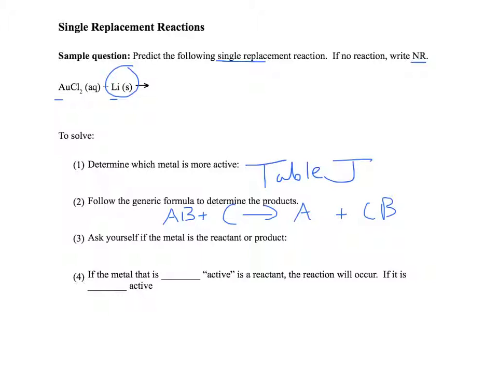Now we're going to do number 3. Ask yourself, is the metal the reactant or the product? The metal, and I should say the lone metal, okay? And in this case, the lone metal here, lithium, is going to be the reactant.